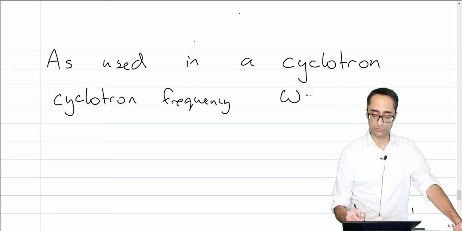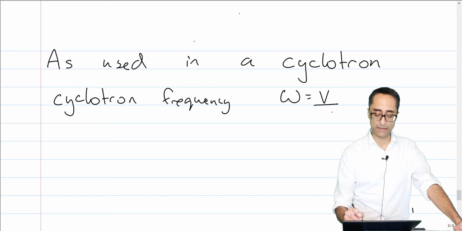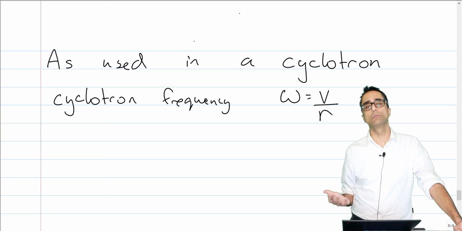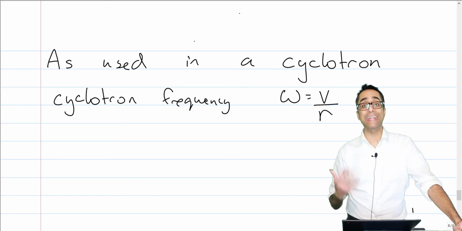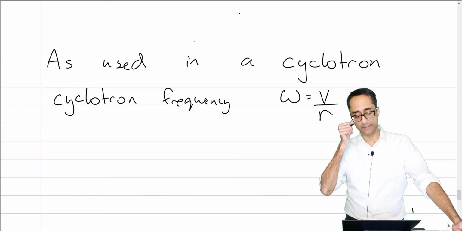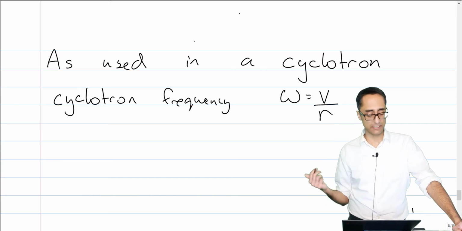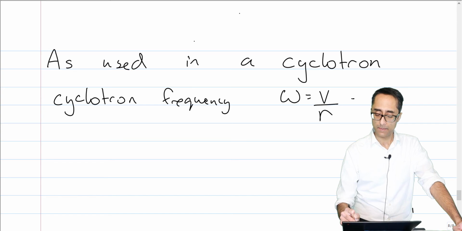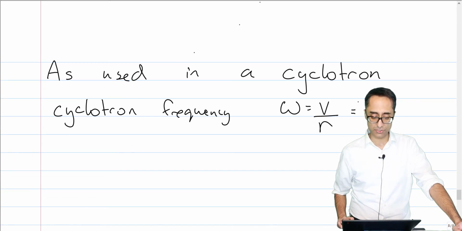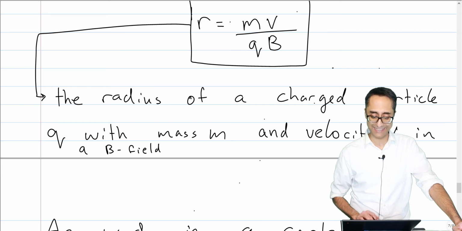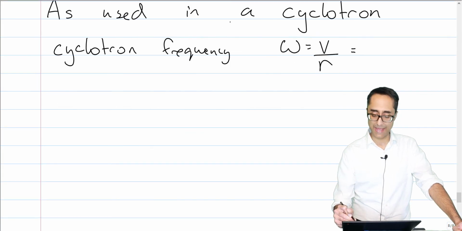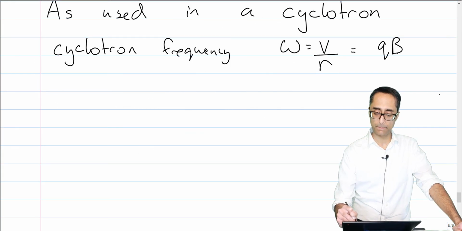Omega is equal to v divided by r. Now, you're very familiar with omega. It's also known as the angular velocity. And so by its very definition, it's equal to v divided by r. But since r is just equal to mv over qB, we can rewrite this as qB over m.